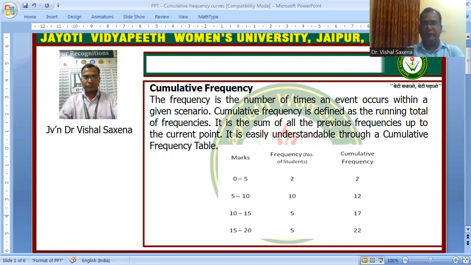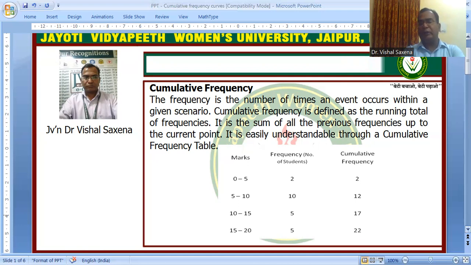For 10 to 15, the cumulative frequency becomes 17, obtained from the current frequency 5 plus all the previous frequencies, that means 10 and 2.